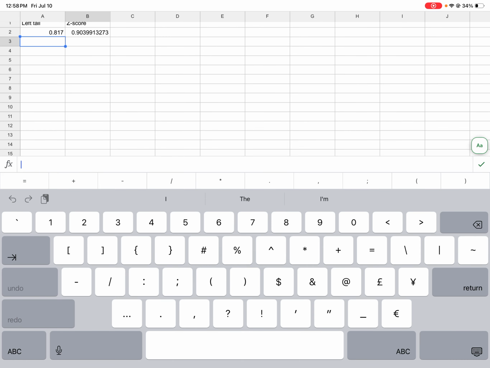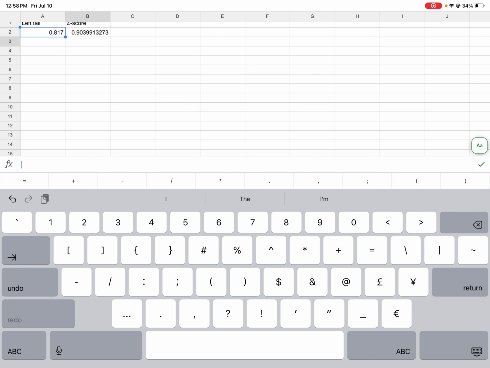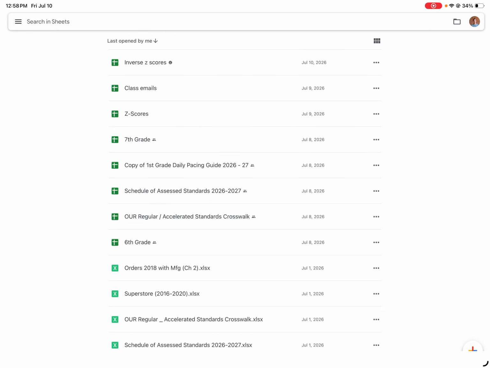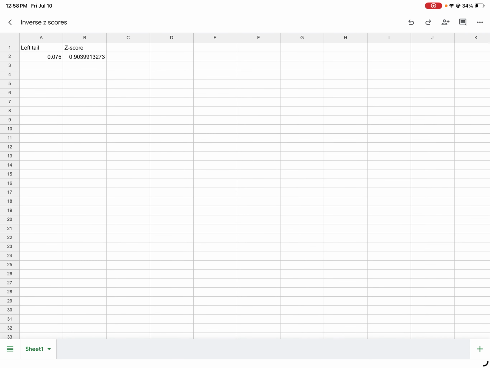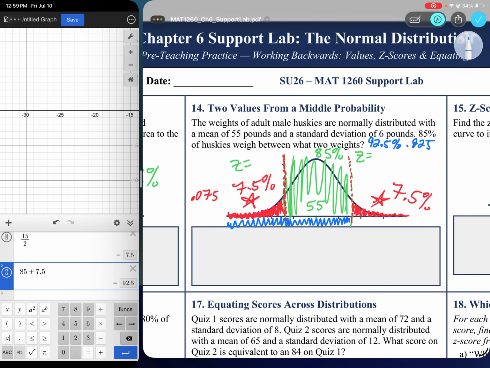I know that the lower bound's left tail is 7.5%, so that's going to be 0.075.